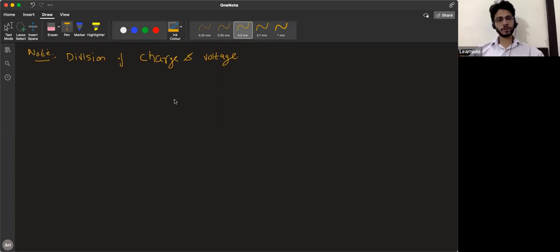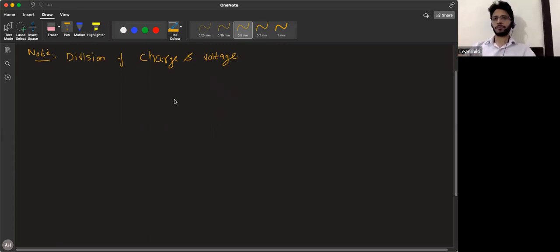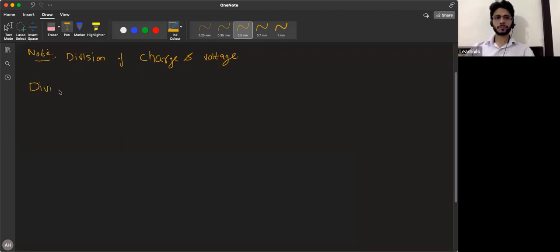So see first the division of charge. Charge divides due to branching. Whenever you have branches in your system, your charge will divide.